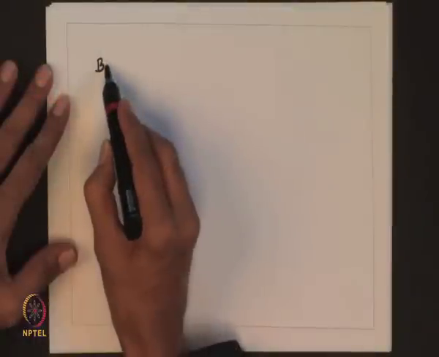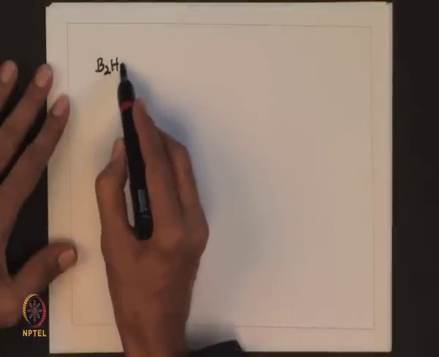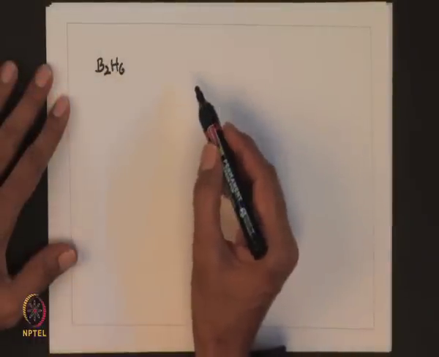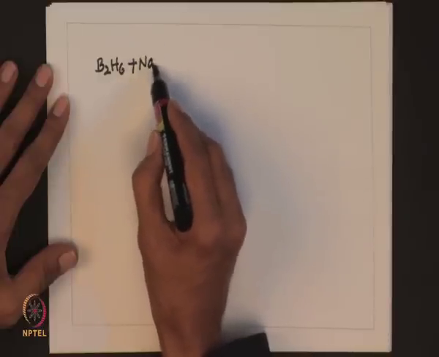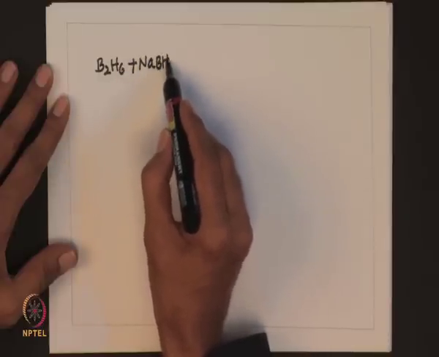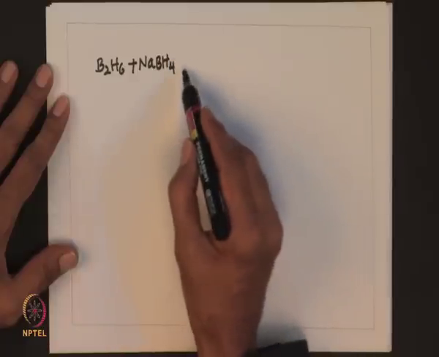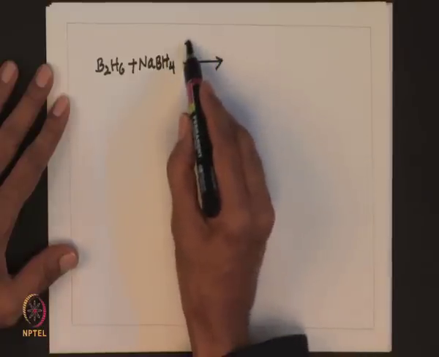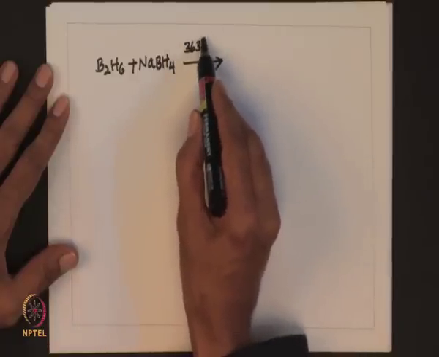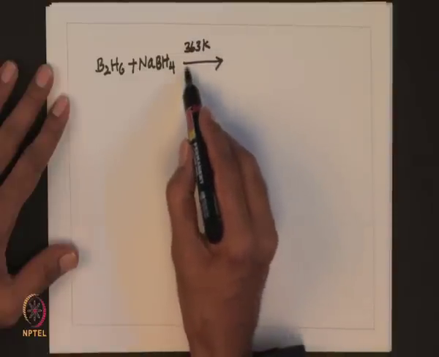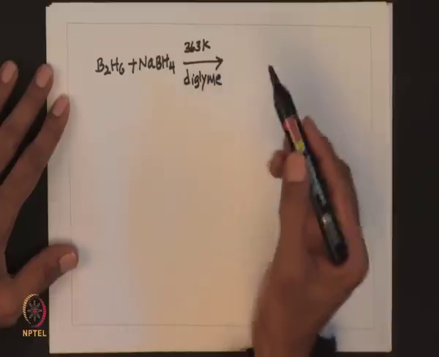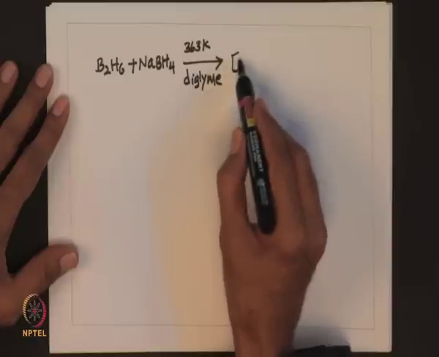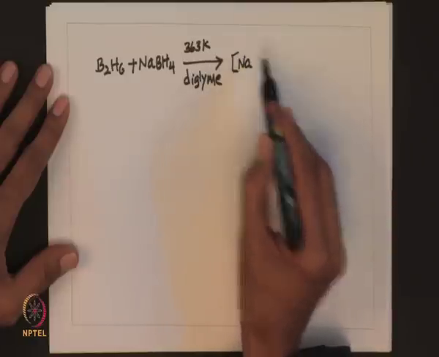For example, if you take boron hydride such as B2H6, when it is treated with sodium borohydride in diglyme at 363 K, it gives anionic boron hydride.